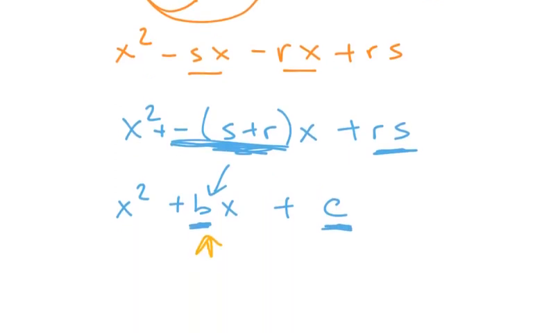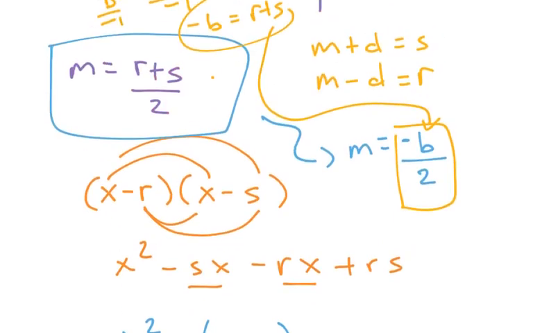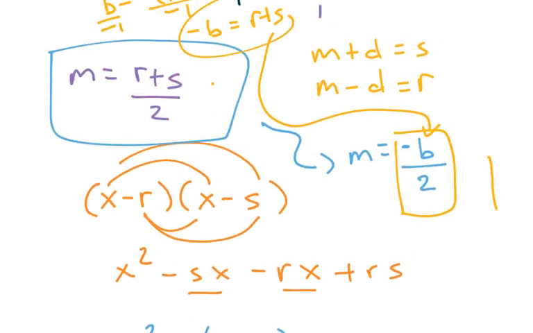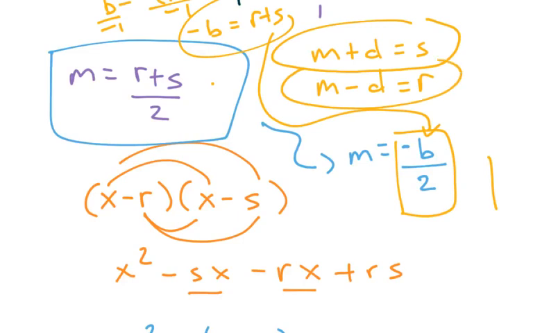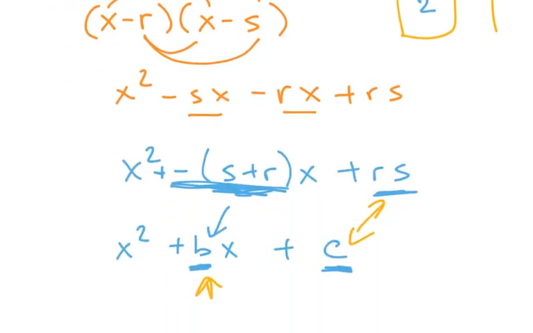that rs is c. But what is r times s? Well, we defined s as m plus d and r as m minus d. So c is equal to, so I'm just looking at this, m plus d times m minus d.